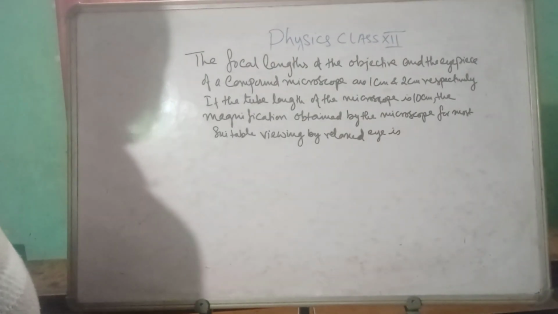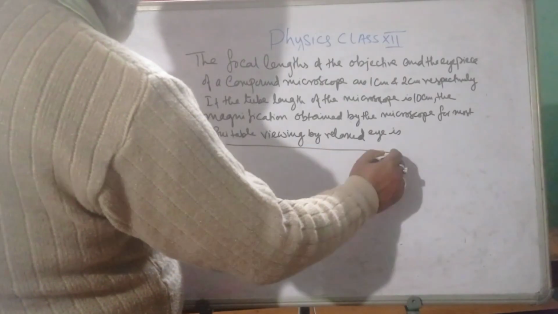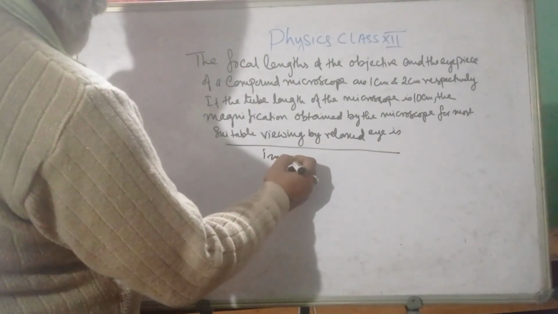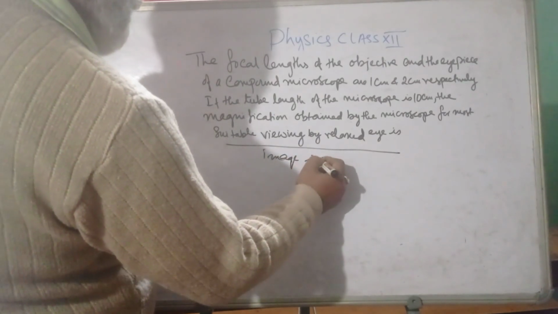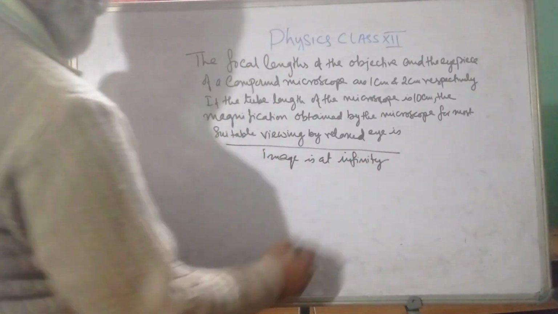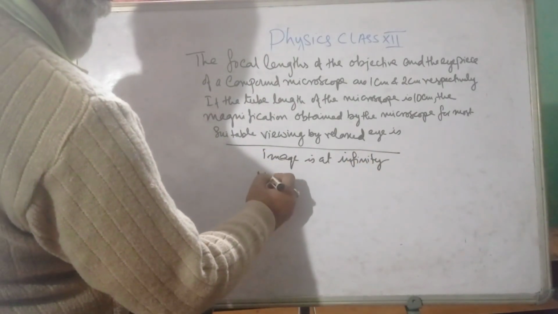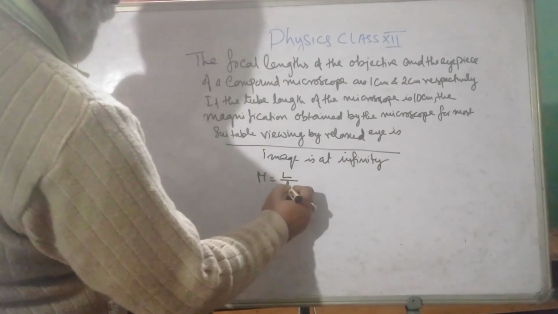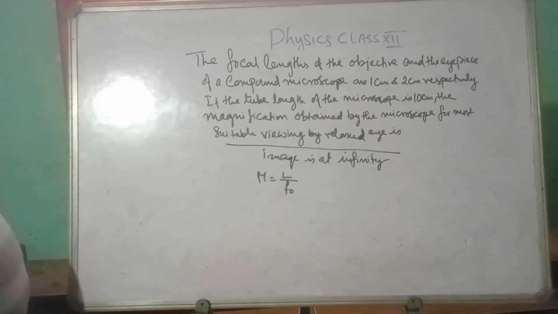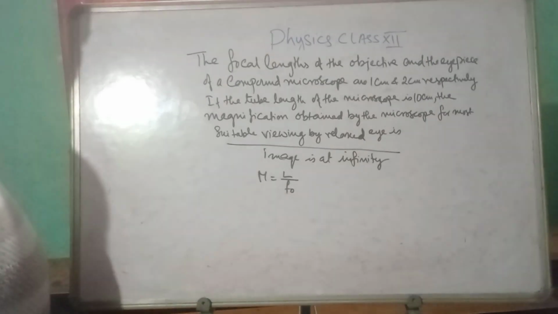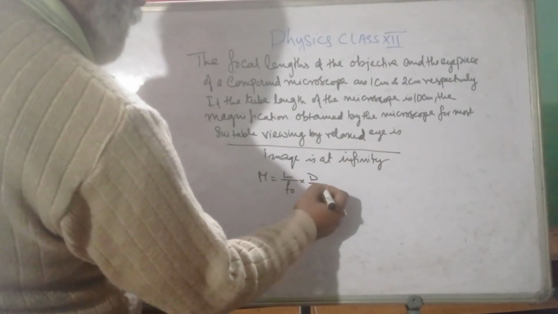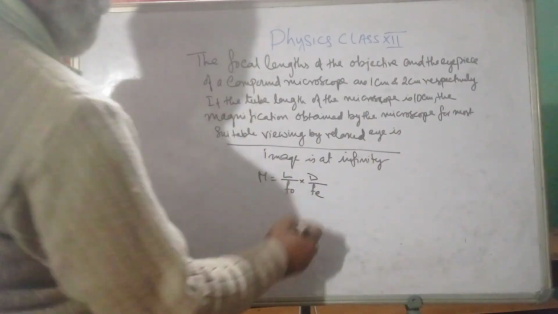Here we know that suitable viewing of relaxed eye means image is at infinity. So for this, your compound magnification is equal to tube length by focal length of the objective into minimum distance of vision by focal length of the eyepiece.